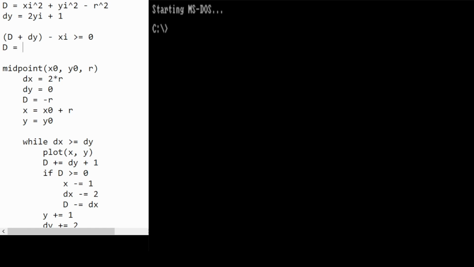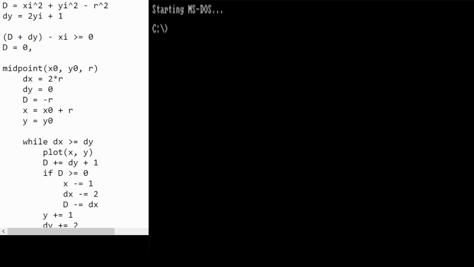So the next thing I want to do is work out some starting values, and d itself actually starts out with the value 0, and that's because the first pixel that we plot has coordinates r, 0, and if I plug in xi equals r and yi equals 0 into this expression, I'll end up with d equals 0. So that'll be the starting value, and that makes total sense because the first point that we plot is exactly on the ellipse, and so the d value should be exactly 0.